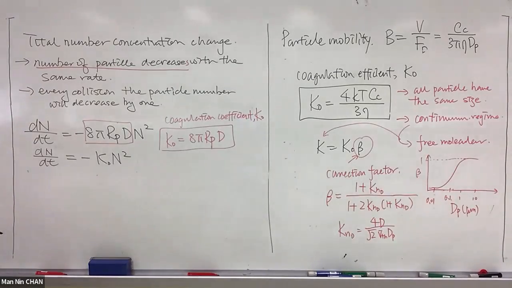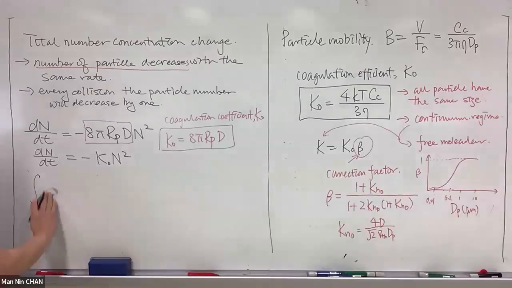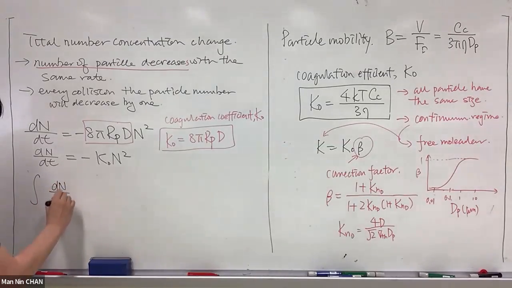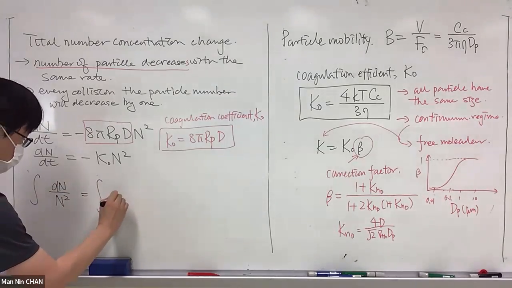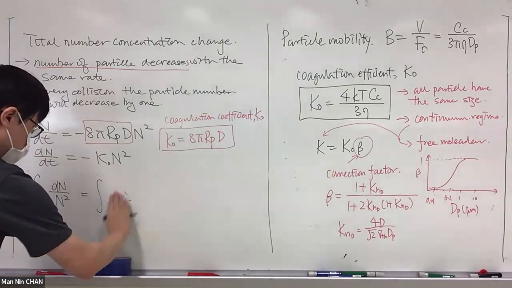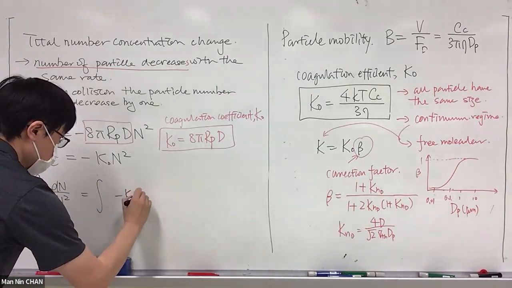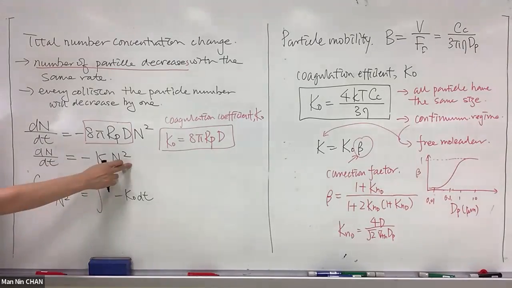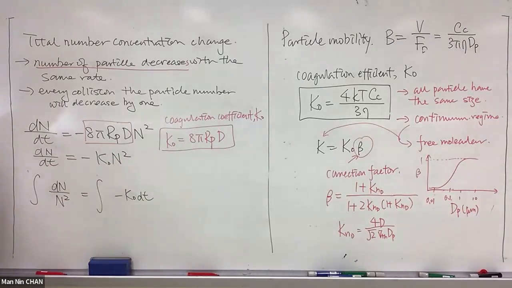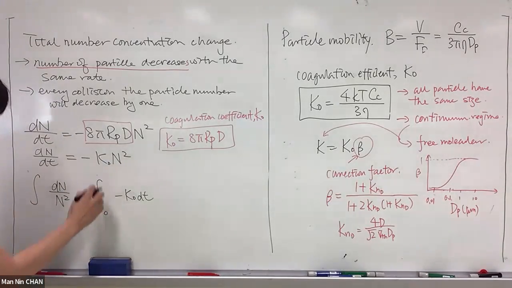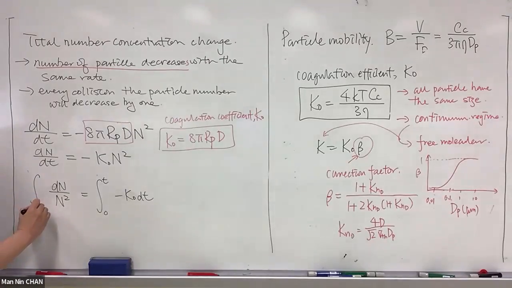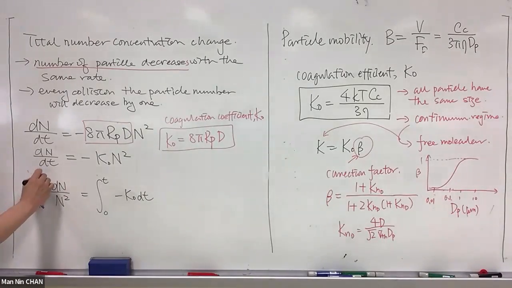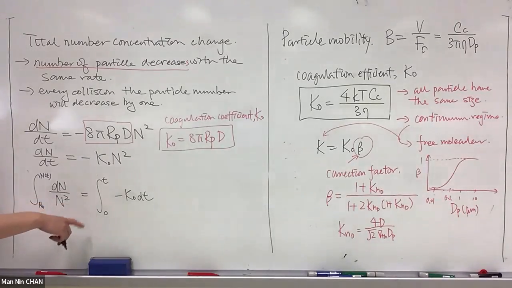I can rearrange this equation: I put the delta t on the right hand side, and N squared on the left hand side. I can then set the initial condition, from time 0 at the beginning to a certain time t, with my initial concentration N naught and my concentration at time t. Then I can just do the integration.